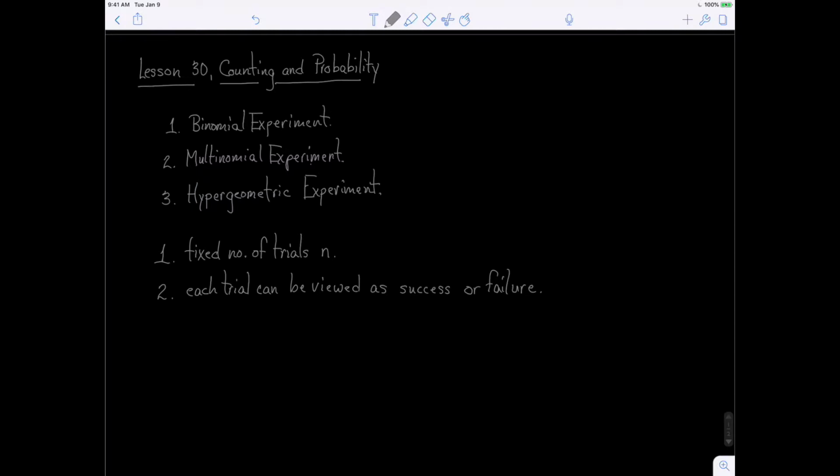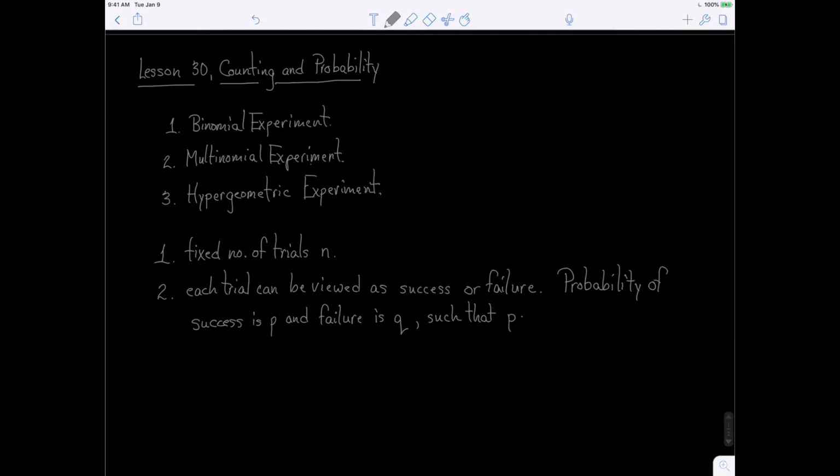We say the probability of success is P and failure is Q, such that these are the only things that can happen.